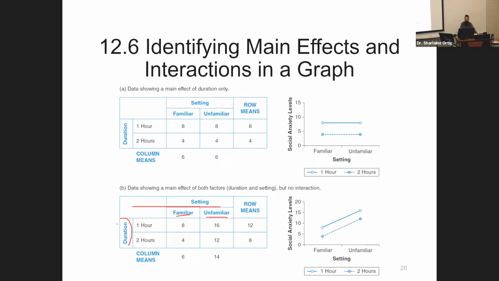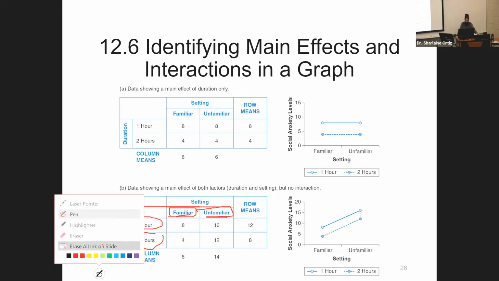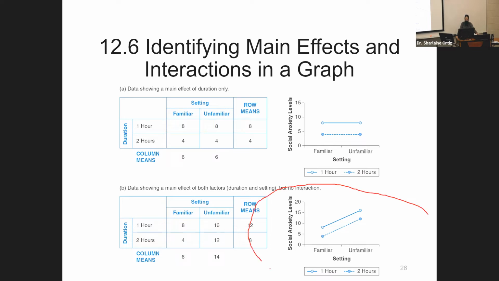And notice that we're also going to look at the duration that that person had to remain in a familiar or unfamiliar setting for 1 hour or 2 hours. So if we look at the right side of your presentation, again, a solid line is going to represent 1 hour, and a dotted line is going to represent 2 hours.